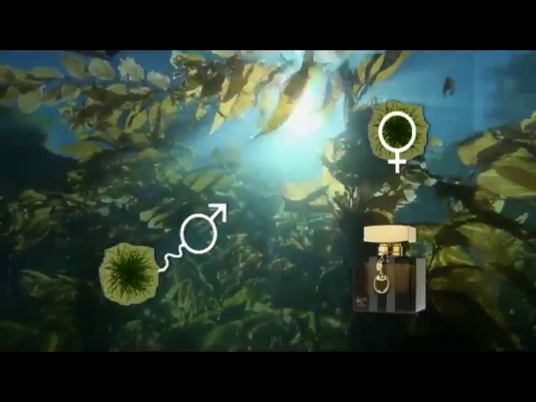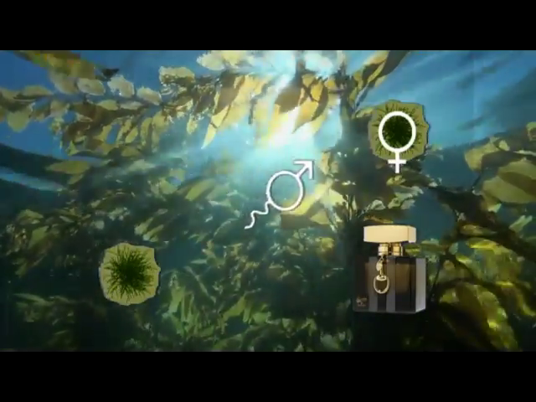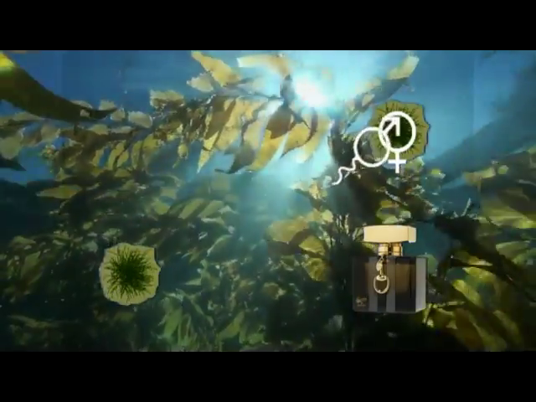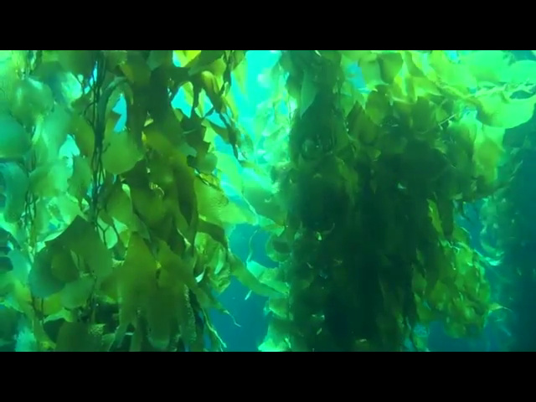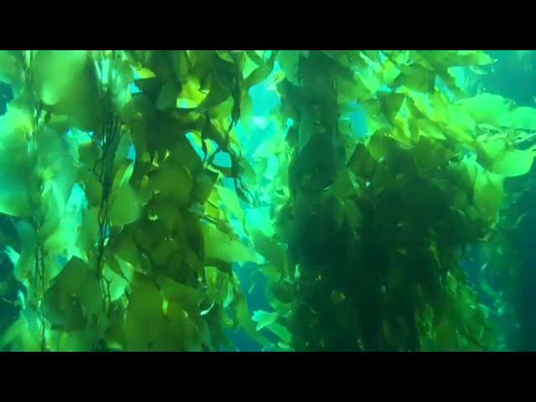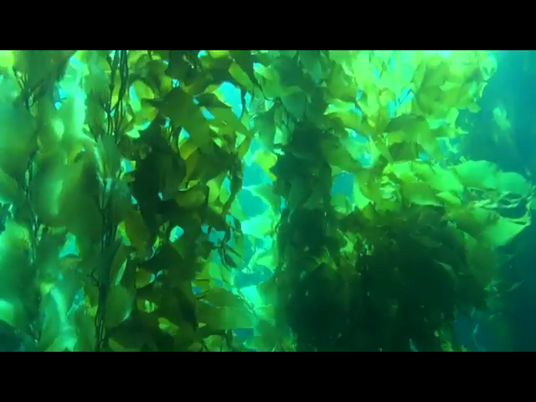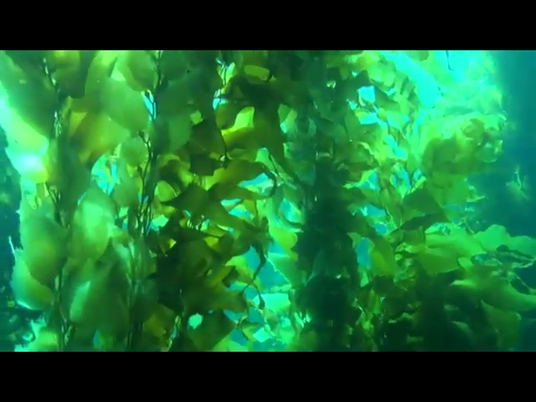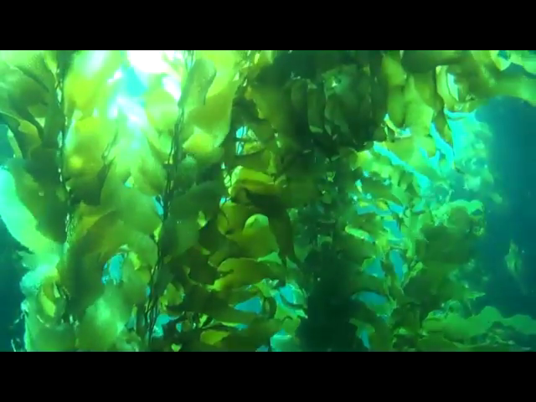The male gametophytes then swim to the nearby ladies and fertilize them. Thus, the giant kelp benefits from possible genetic recombination just like we humans and other sexually reproducing species do.